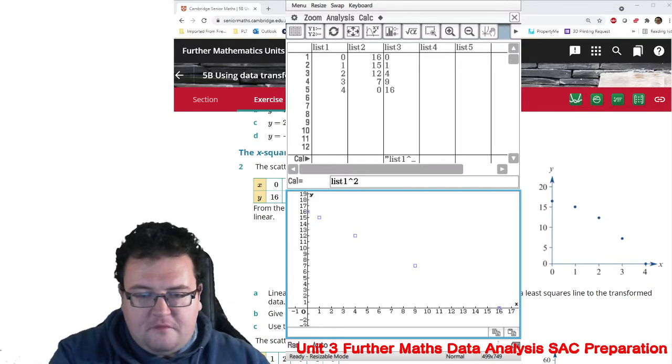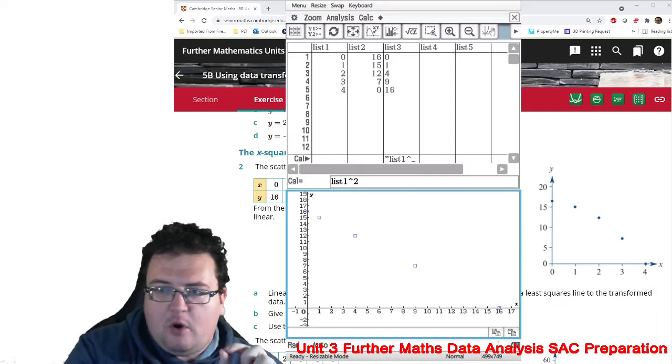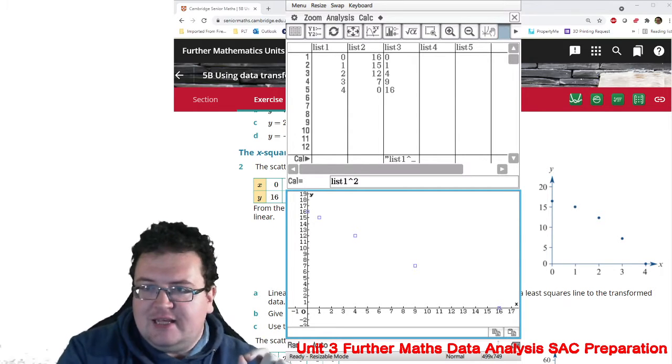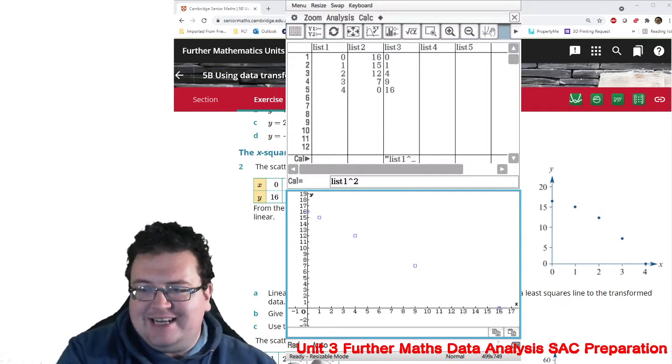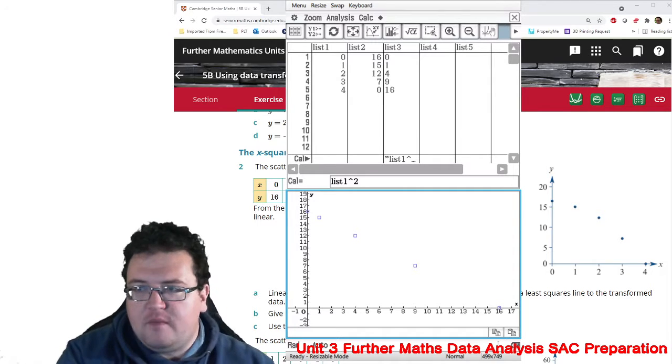Now, from this, we are required to give its equation. What you have to remember is that this might be a linear line, but where did I get my x values from? I got them from an x squared.